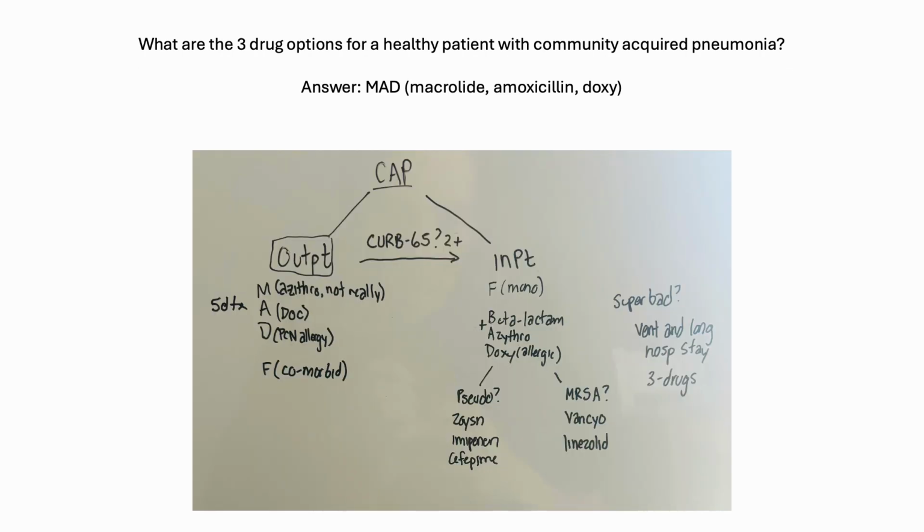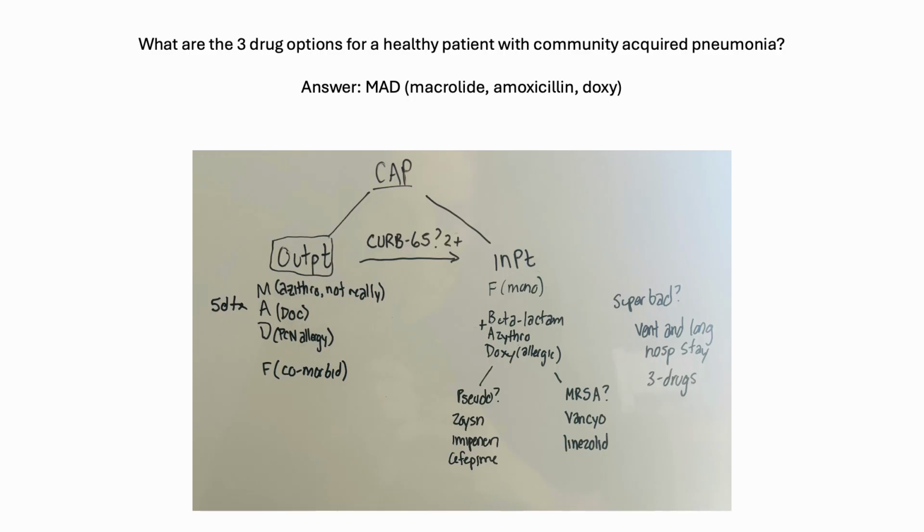What are the 3 drug options for a healthy patient with community-acquired pneumonia? So first, we have to decide, okay, patient is either healthy or not. If we think you're a regular person who developed community-acquired pneumonia, we're going to go through our MAD drugs. So outpatient, healthy person, pneumonia, we can either do a macrolide, usually a Zithro.